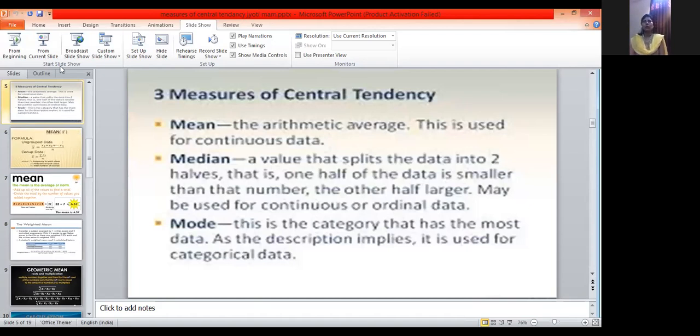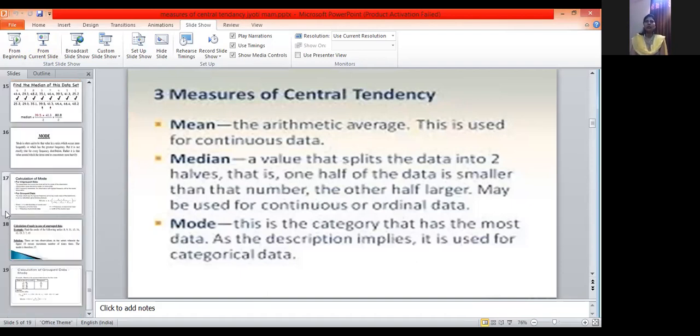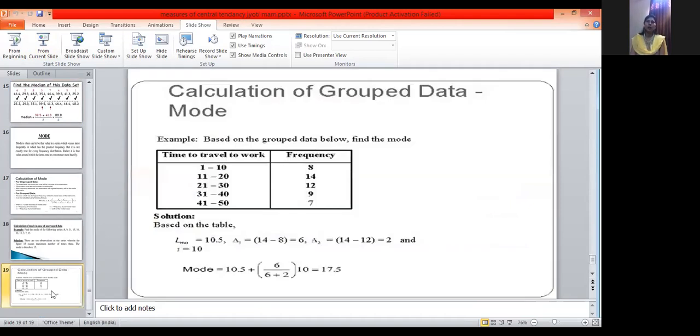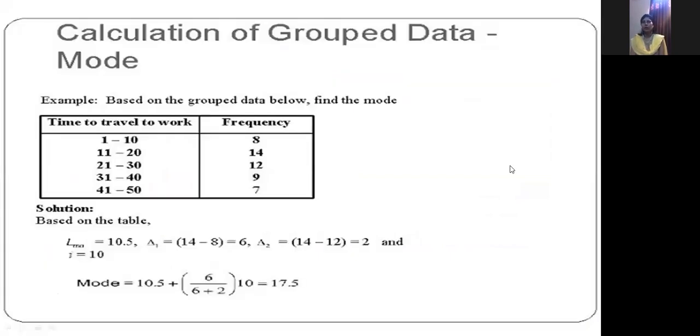Now, after understanding the mode, you can understand that these are the averages. These are the most important averages which we use for representing the whole population. So mean, median, and mode are the most important averages, also known as measures of central tendency.